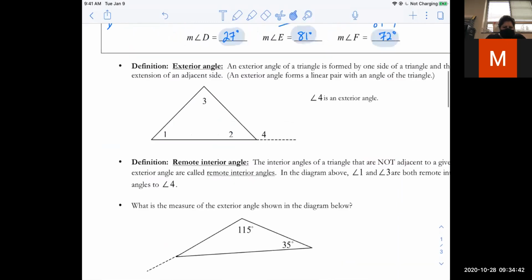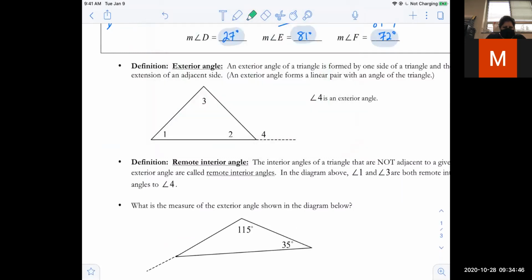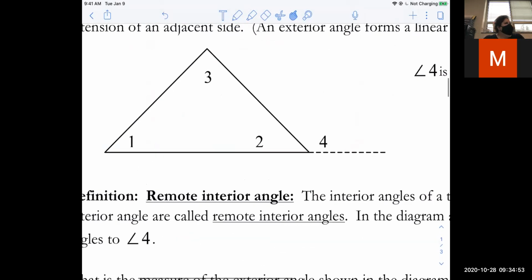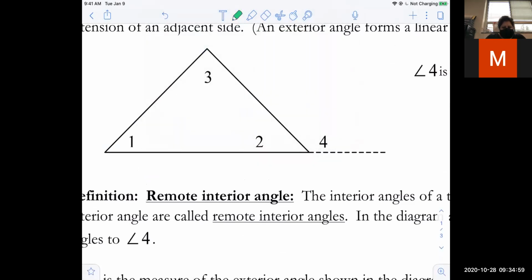Okay, the next idea is what's called the exterior angle theorem. So first of all, what is an exterior angle? In this picture, I've shown you an exterior angle. An exterior angle is an angle where you start with a triangle and you extend one side of the triangle. Okay, so take a side and stretch it out.